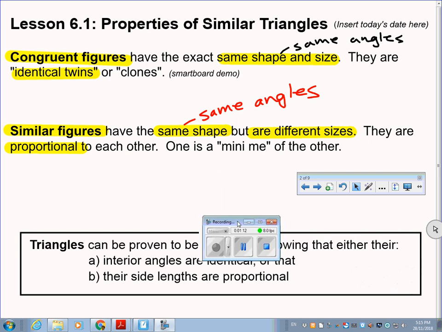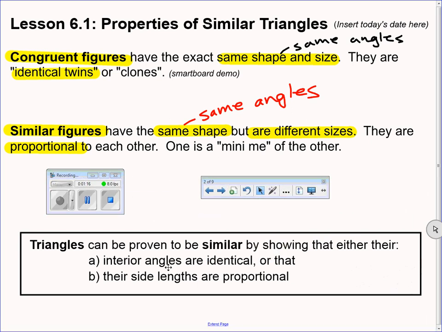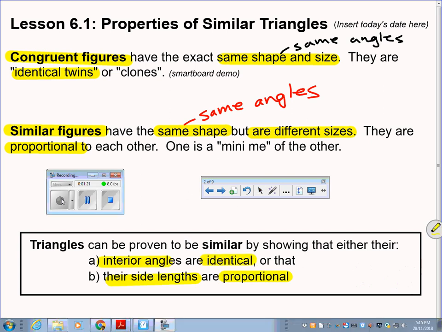Now, the big concept of the day is this. Triangles can be proven to be similar if the interior angles are identical or their side lengths are proportional.